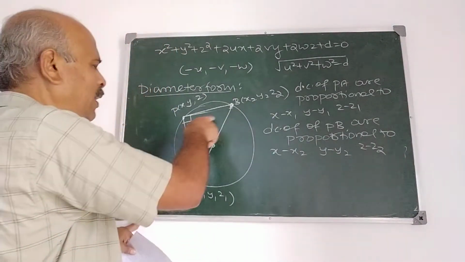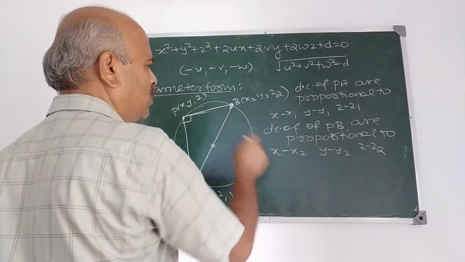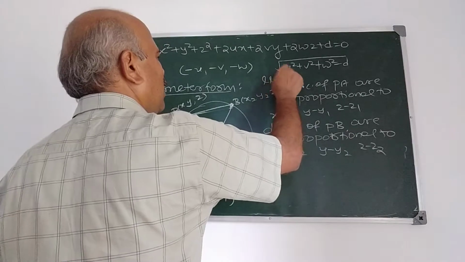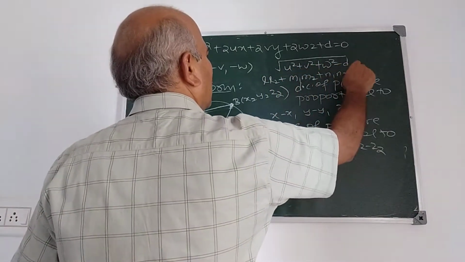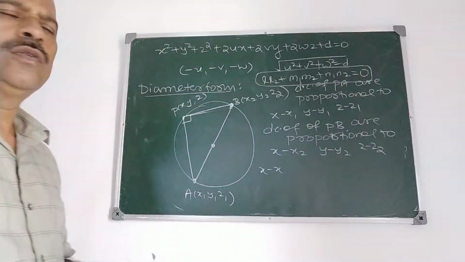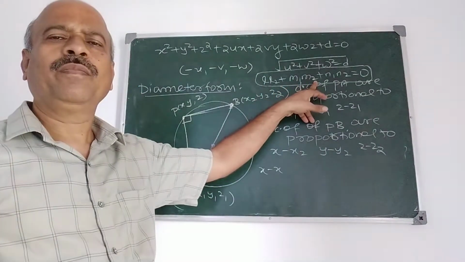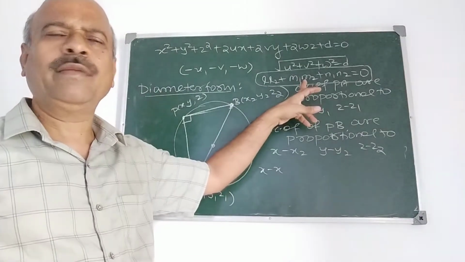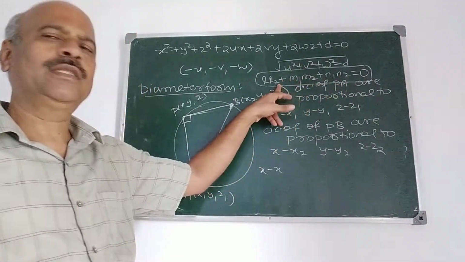Since AP and PB are perpendicular, we use the condition for perpendicularity of two lines: l1 l2 + m1 m2 + n1 n2 = 0. This is the condition for two lines whose direction cosines are l1, m1, n1 and l2, m2, n2.